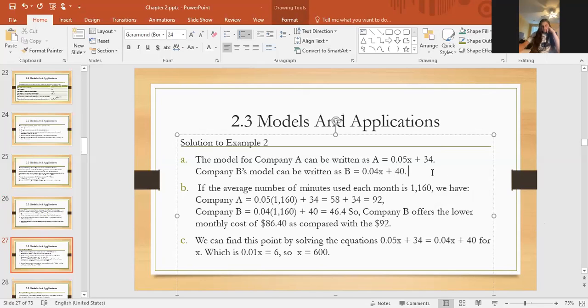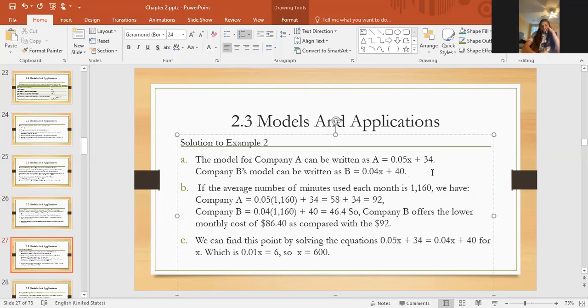So if the average number of minutes used each month is 1,160, then for company A, replacing X by 1,160, we have $92, and for company B, 46.4 plus 40.